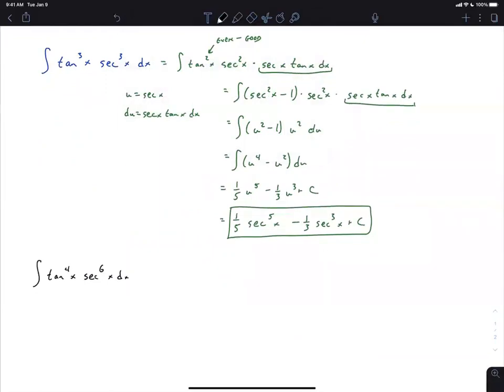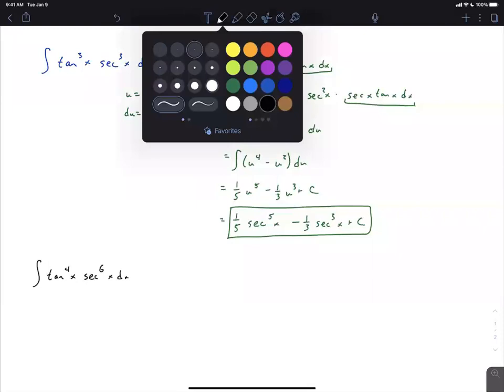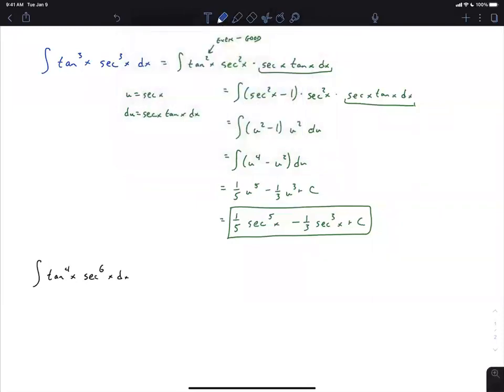Again, the two options are to let u equal tangent or let u equal secant. In this case, du is secant squared. In this case, du is secant tangent. Remember, we're not doing like parts. We're just doing u sub, and only one of these two setups is the one that I want to use.